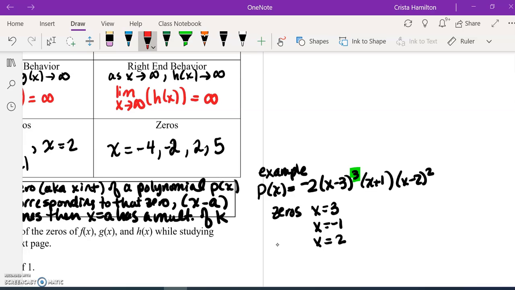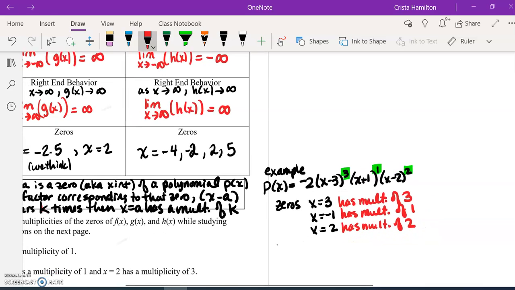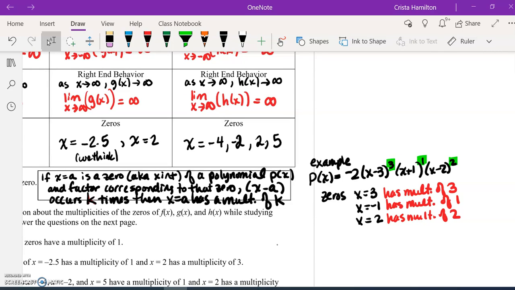So we would say that x equal to 3 has multiplicity of 3. The power on the x plus 1 is 1, so that one has a multiplicity of 1. And because the power on the x minus 2 is a 2, that has multiplicity of 2. That's what we mean by the factor occurring k times: how many times you have that factor listed there.